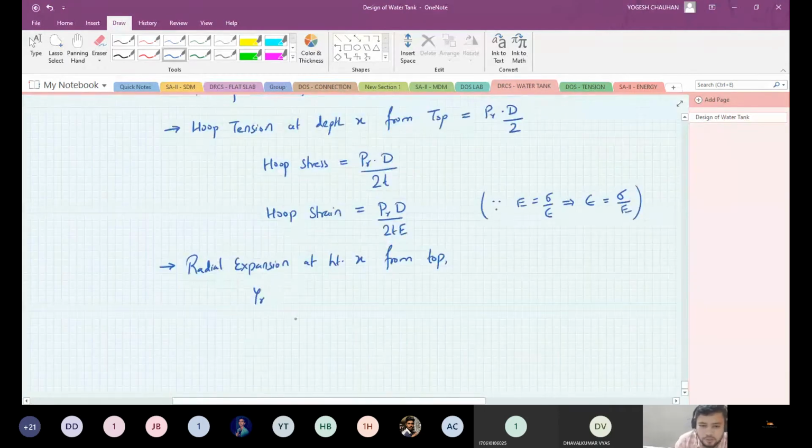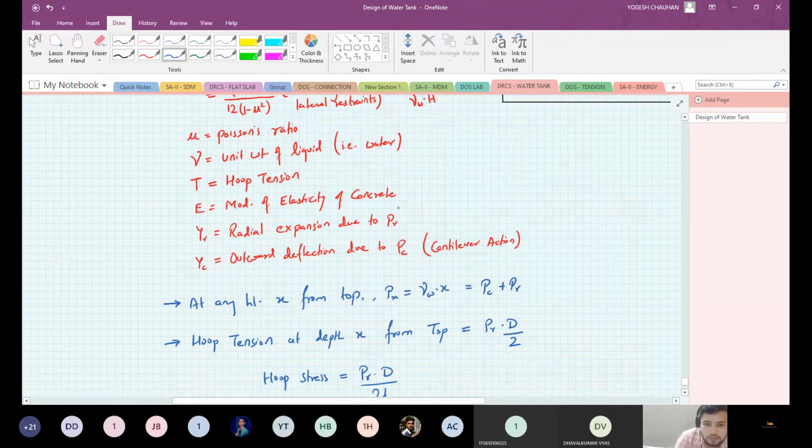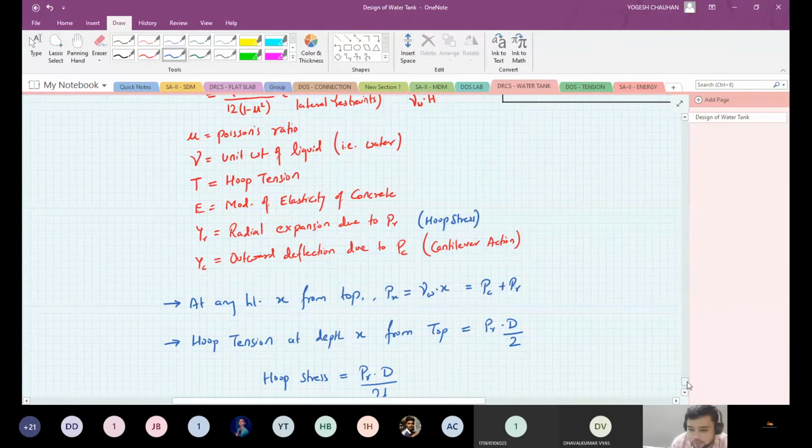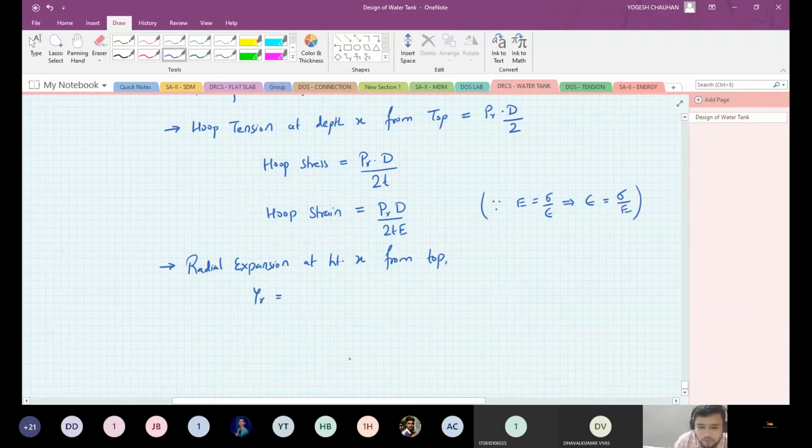It is produced by the hook stress, so it will be equal to hook strain multiplied by radius.